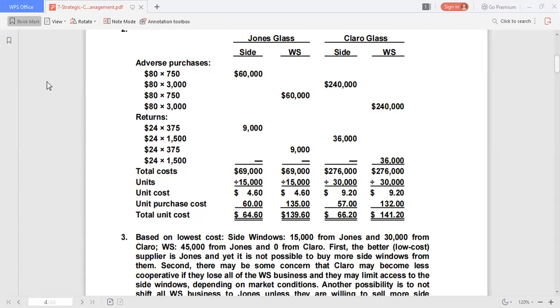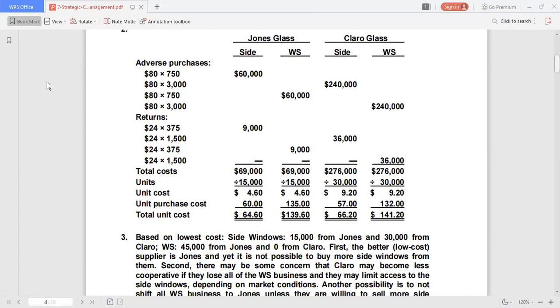So it can buy all of this from Jones, though there are problems that it may encounter. Another possibility is to not shift the windshield business to Jones unless they are willing to sell more side windows.